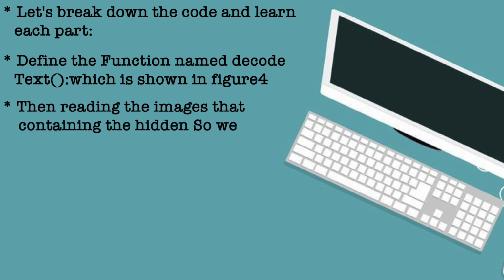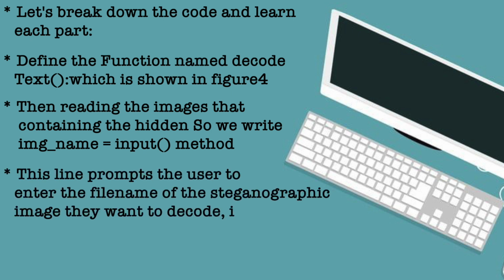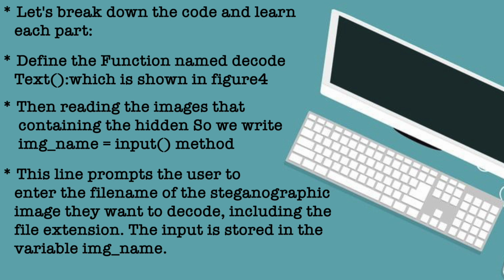Then we read the image that contains the hidden data. So we type image_name equal to the input method. This line prompts the user to enter the file name of the steganographic image they want to decode, including the file extension. The input is stored in the variable image_name.